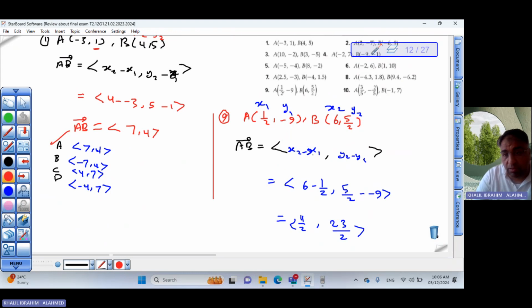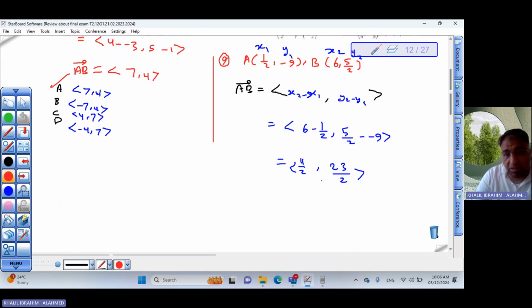In the same way, x2 minus x1, y2 minus y1. 6 minus half. Here 5 over 2 minus 9. The answer is 11 over 2 and 23 over 2. That's it. It's easy.